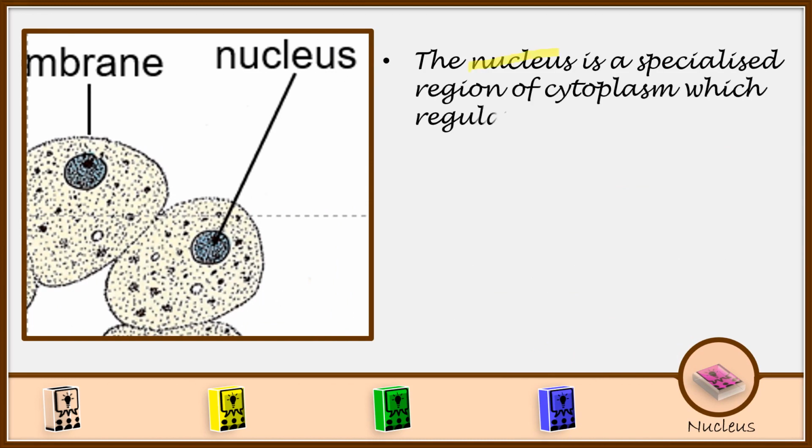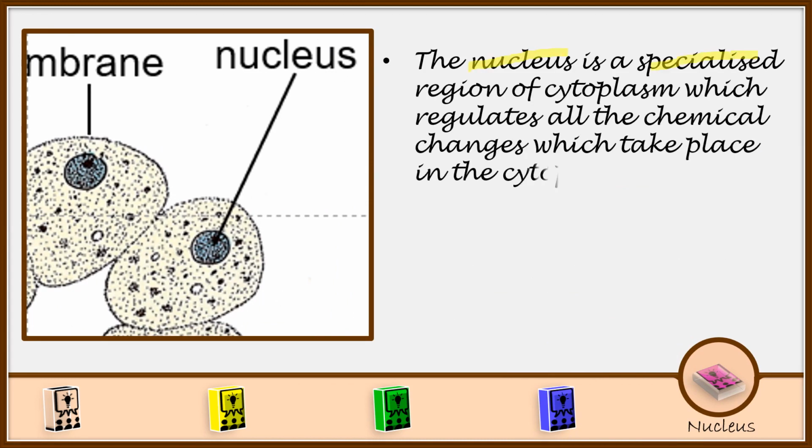The nucleus is a specialized region of the cytoplasm, and this one regulates all the chemical changes that take place in the cytoplasm. We have the nucleus, which is in the cytoplasm, and this nucleus is a region in the cell which is specialized.